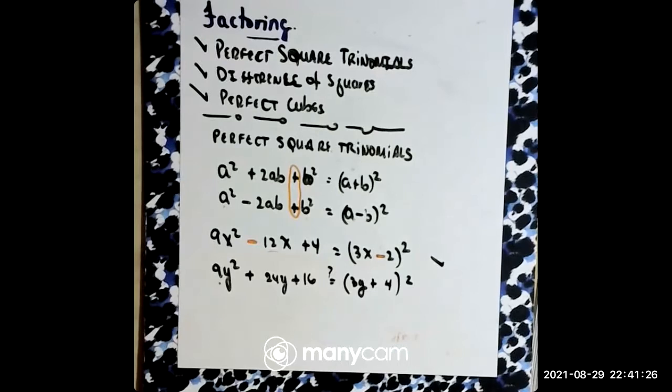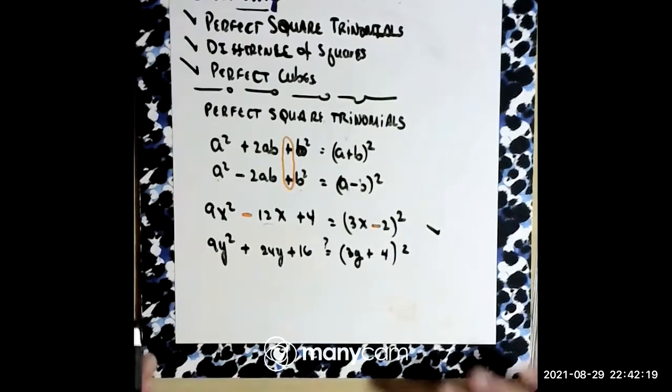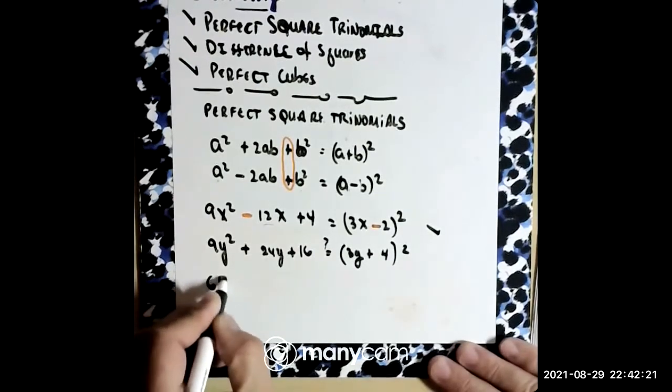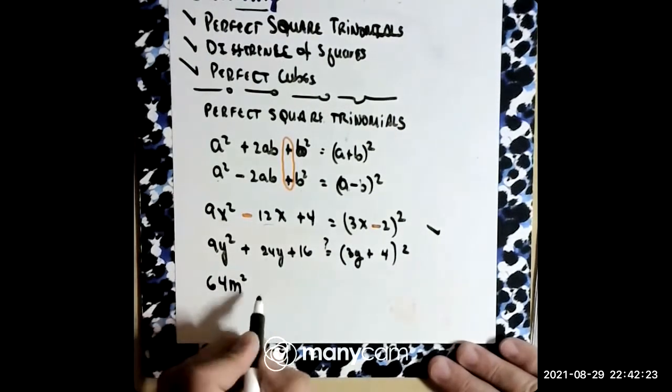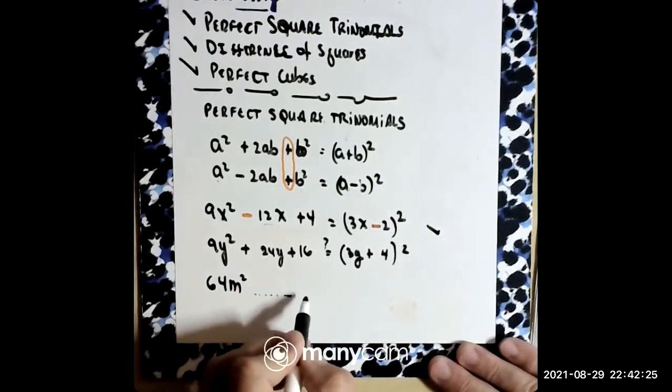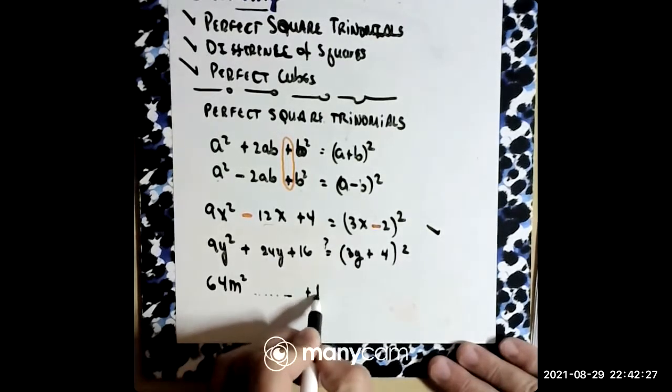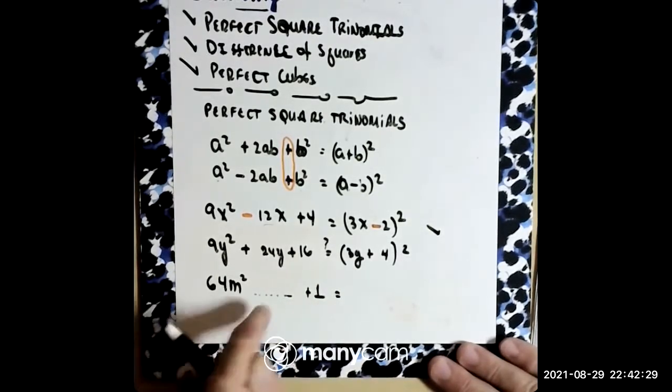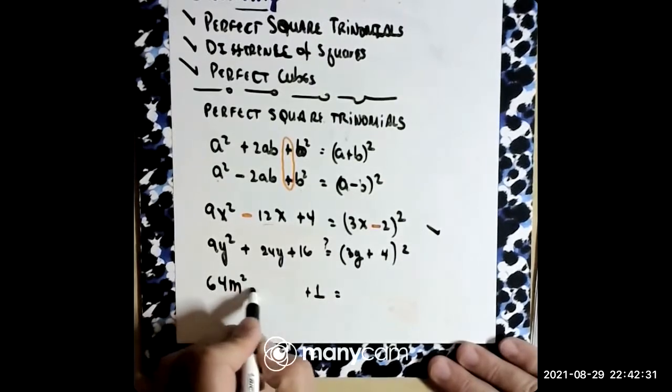Let's try another example. 64m squared, blah blah, plus 1. Let's say that this is minus here.